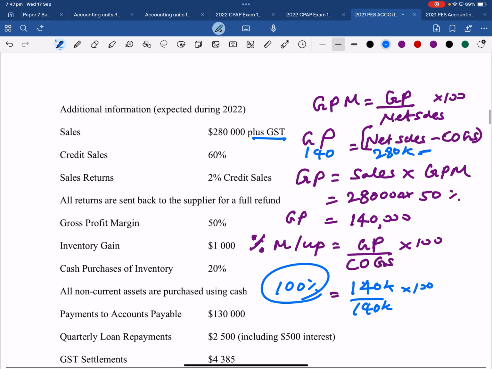Right. Okay, then at the same time we can do, guys, the cost of sales for the sales, right? Cost of sales for the sales. How much is the cost of sales for the total sales?